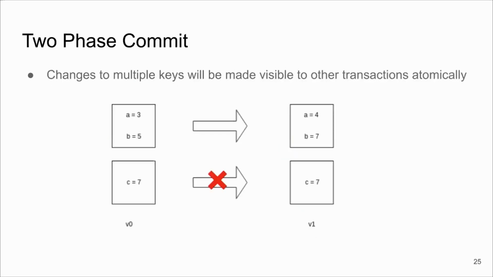This is one part. The other part is how we make sure that multiple modifications of multiple keys become visible to other transactions at the same time. Basically, you don't want partial visibility. You want all these three changes to be either visible to the other transactions or none of them visible.